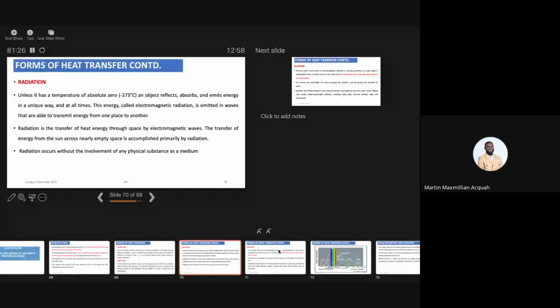Now, at a point in time, the water gets heated and begins to boil, and evaporation takes place. The heat in the water, in liquid form, will be transferred in the form of vapor or gas. And that is what we term convection.